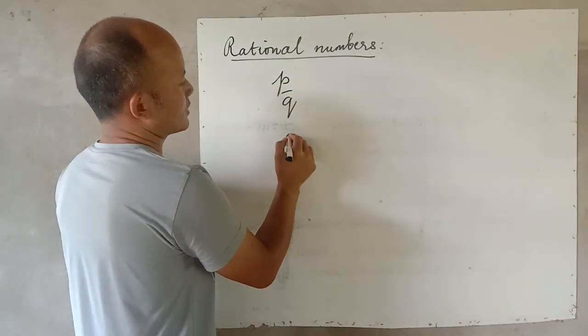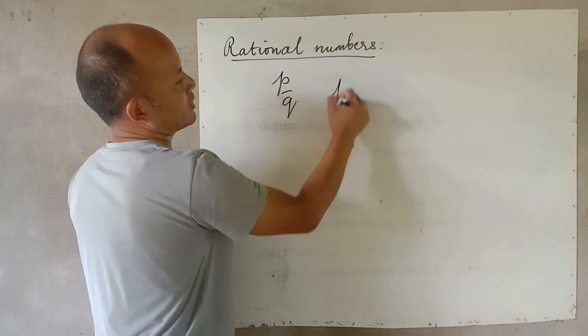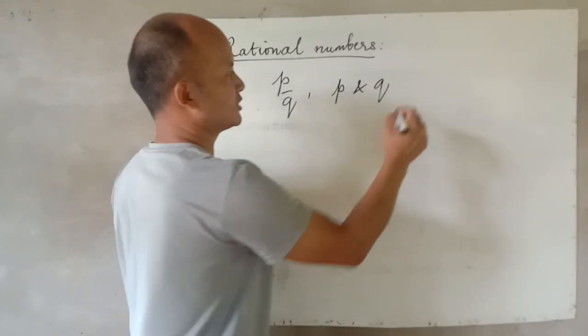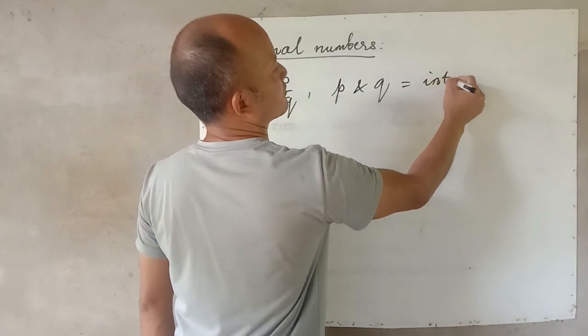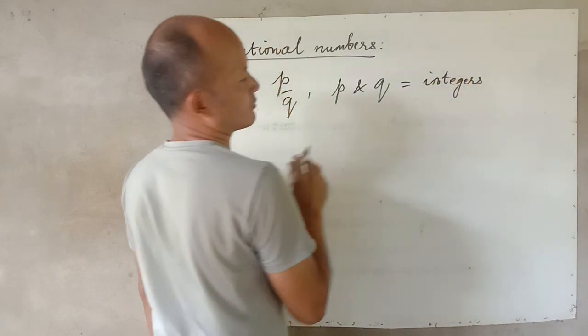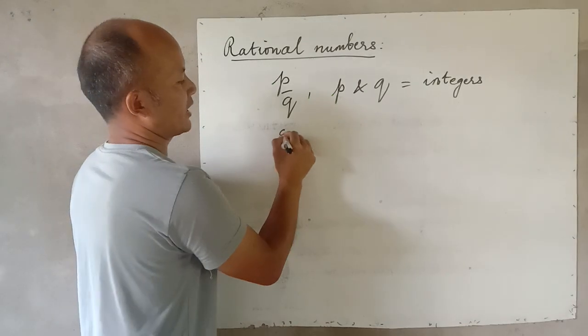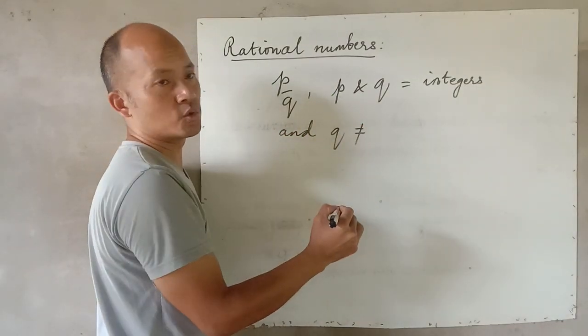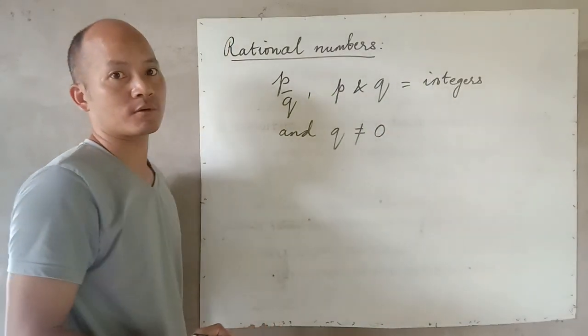where P and Q are integers, and Q does not equal 0. Alright?